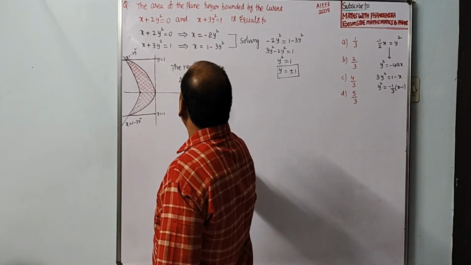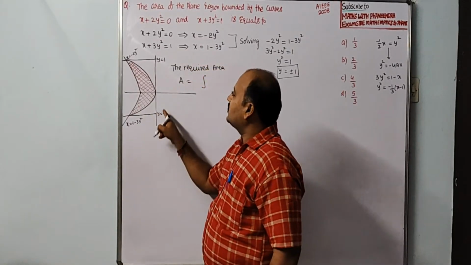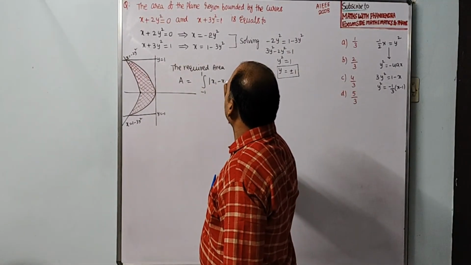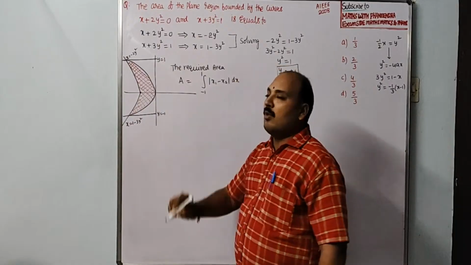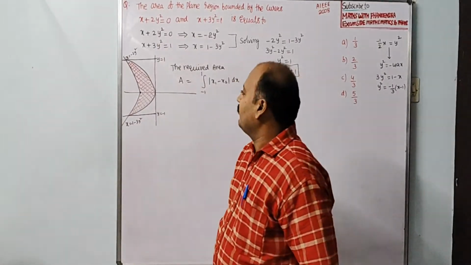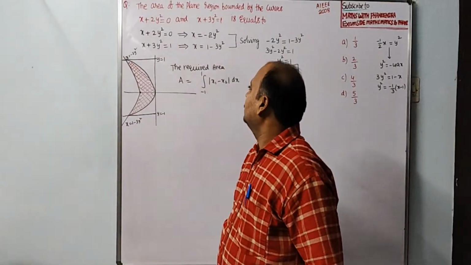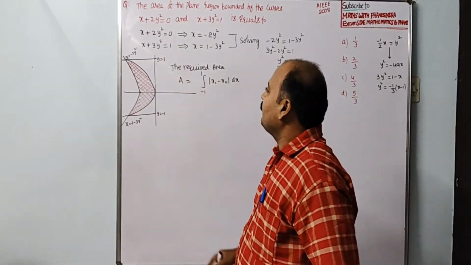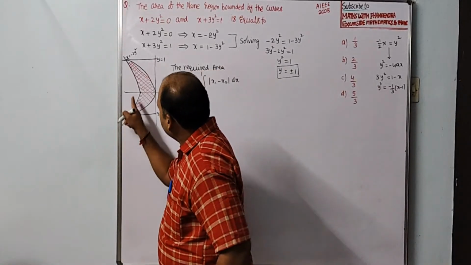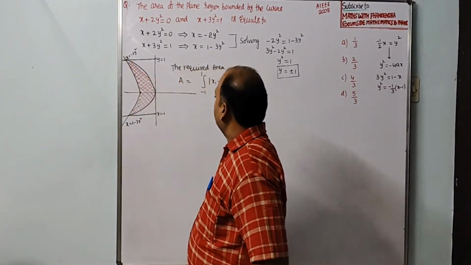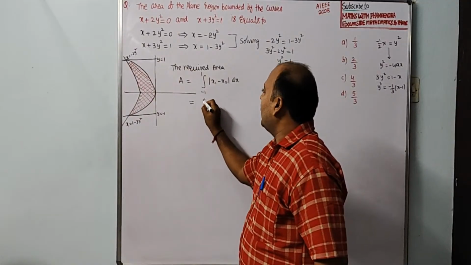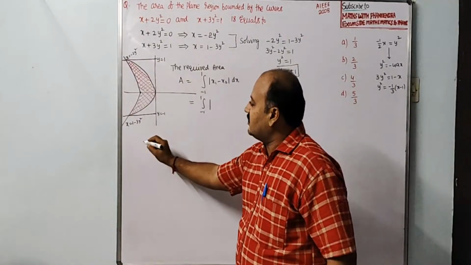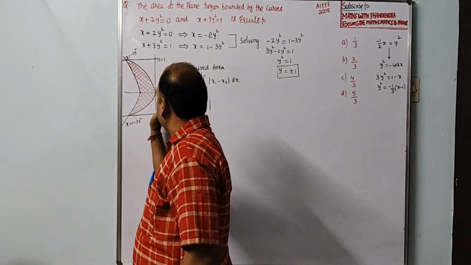A equal to, from where to where we are calculating, minus 1 to plus 1, mod x1 minus x2. Two curves are there now here. Which one we have to consider x1, which one x2? So first curve minus second curve, with respect to y-axis value.